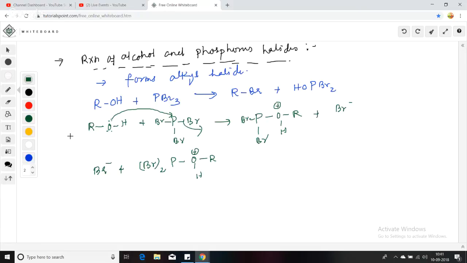This Br minus attacks onto this alkyl group, and this bond pair of electrons is taken up by the oxygen atom. So what happened? We'll get RBr first, and then we'll get HOPBr. This is what the reaction we have here.